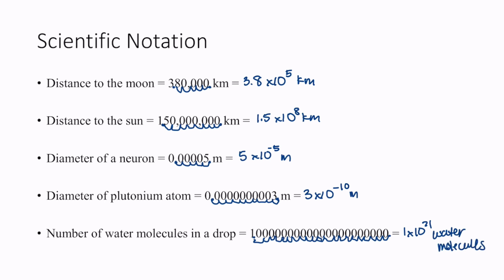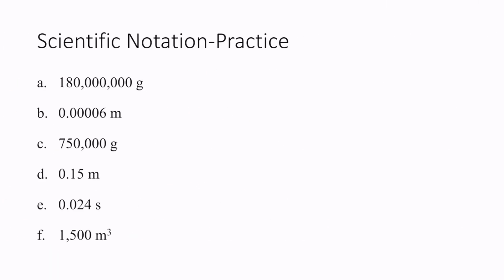Hopefully you can see that if you don't do these little loop-de-loops, all those zeros can really start to run together. On this slide, you can go ahead and get more practice with taking a number and writing it into scientific notation.